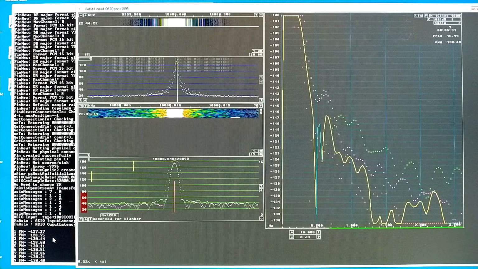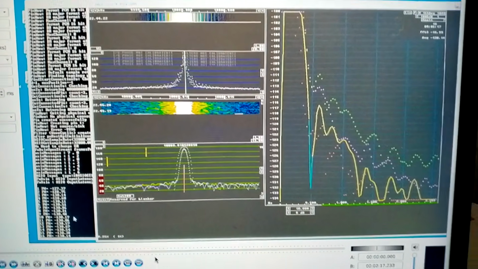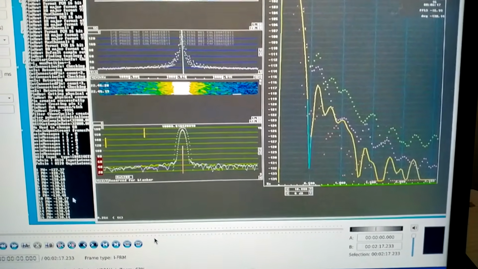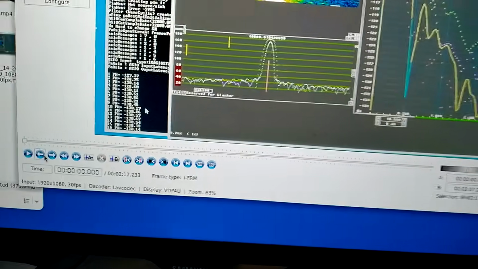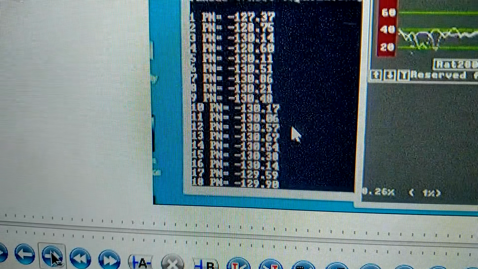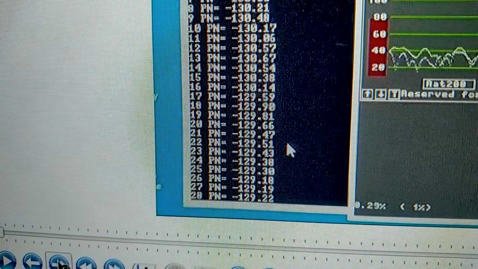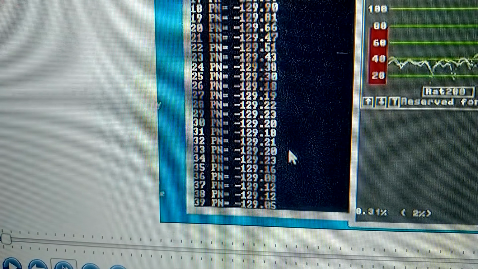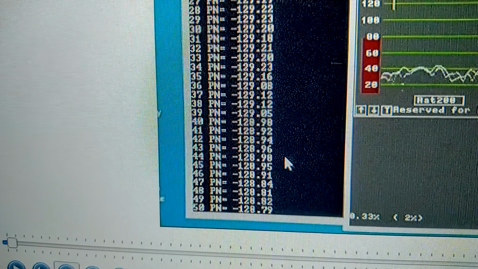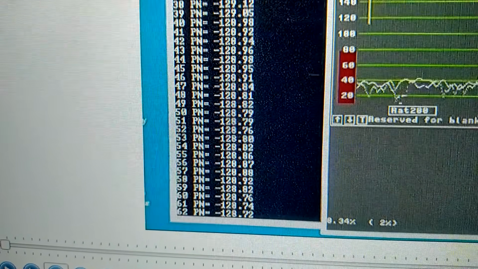So I start to make a recording with time-lapse. Here is the time-lapse video. It starts as I showed in the previous section, and I step forward one frame at a time and look at this average value. And it rapidly goes down to about 128.